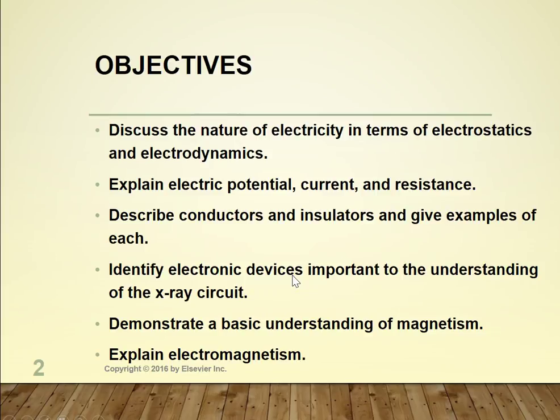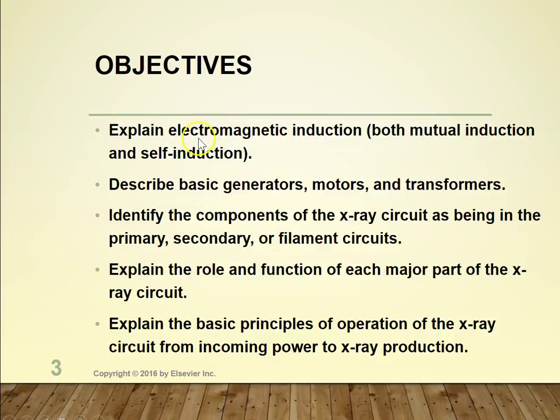Remember that whole list about batteries and resistors and all those good things. Make sure you understand those. And then we have a basic understanding of magnetism and then electromagnetism. And then we've talked about electromagnetic induction, both mutual and self. And then we've described basic generators, motors, and transformers.